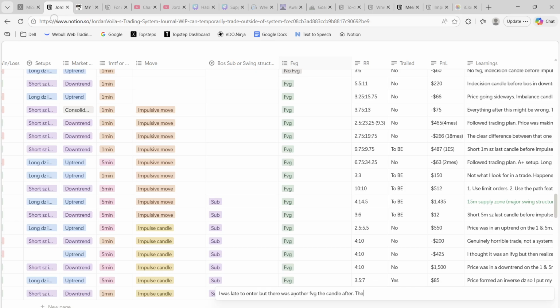There were low wicks on the 5 minute, which made me think price was going to pull back soon, which it did.